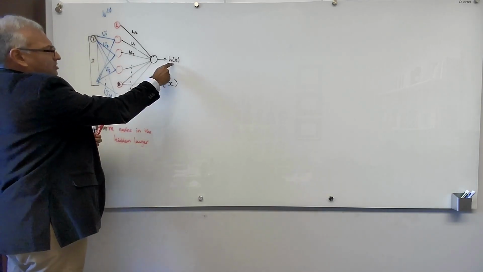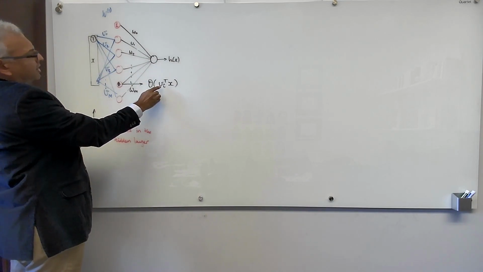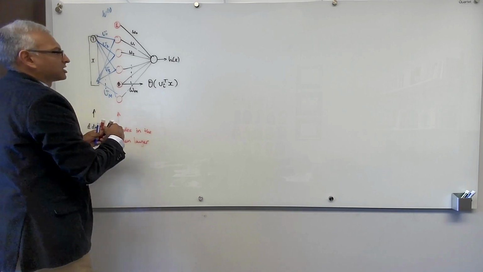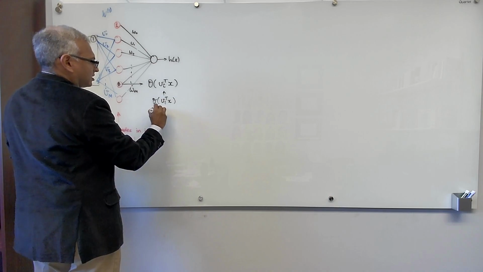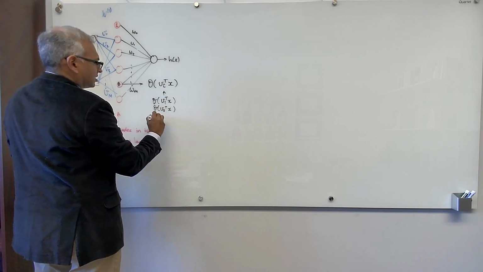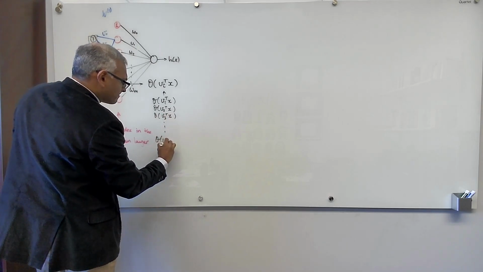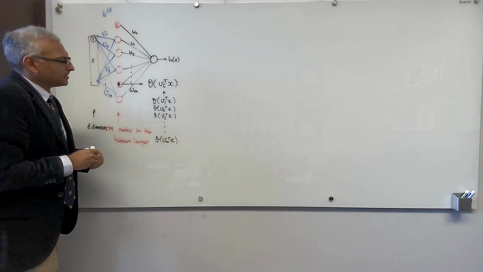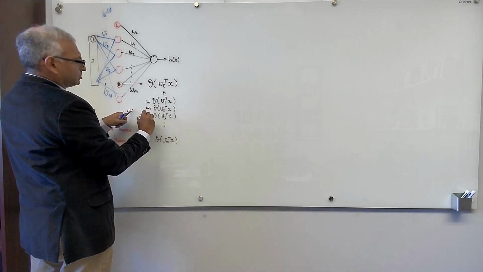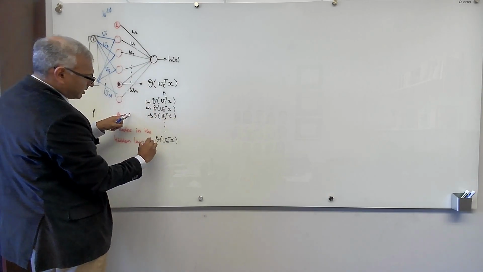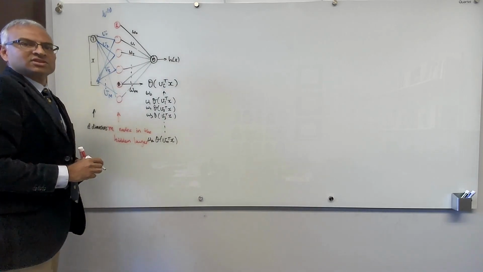So what is H of X? H of X takes each of the perceptron outputs: theta of V1 transpose X, theta of V2 transpose X, theta of V3 transpose X, and so on, theta of Vm transpose X. We multiply each of these by W1, W2, W3, up to Wm. That's what this perceptron does. Add the W0, add all these up, and apply a function theta again.